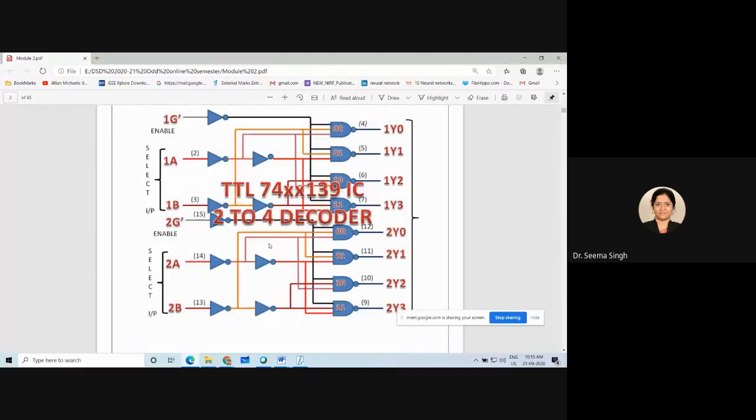You can understand this now. See it one by one. If you have any doubt, you should tell me. You can see that simply two NOT gates are used to make 1A bar or 1A.